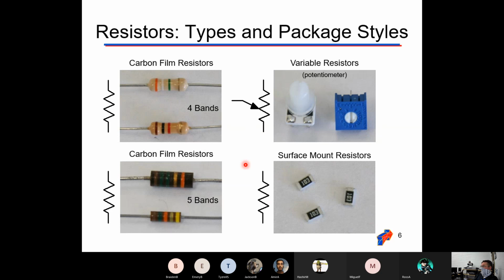That's 4 different types of resistors: carbon film 4-band, carbon film 5-band, variable resistors or potentiometers, and surface mounts. These surface mounts are really, really small. You find them on your phone all the time, or electronic devices like that.